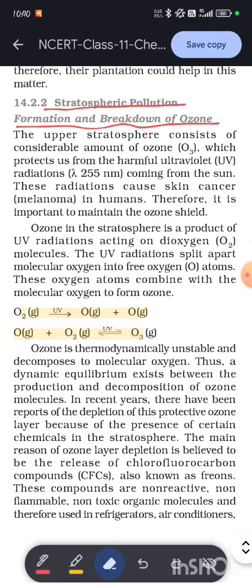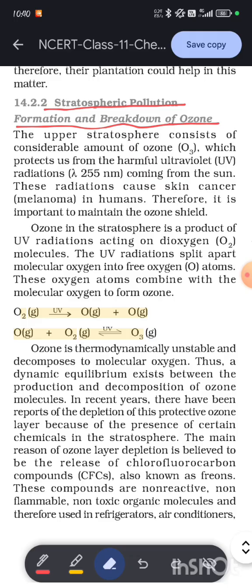In recent years, there have been reports of the depletion of this protective ozone layer because of the presence of certain chemicals in the stratosphere. The main reason of ozone layer depletion is believed to be the release of chlorofluorocarbon compounds, also known as freons.